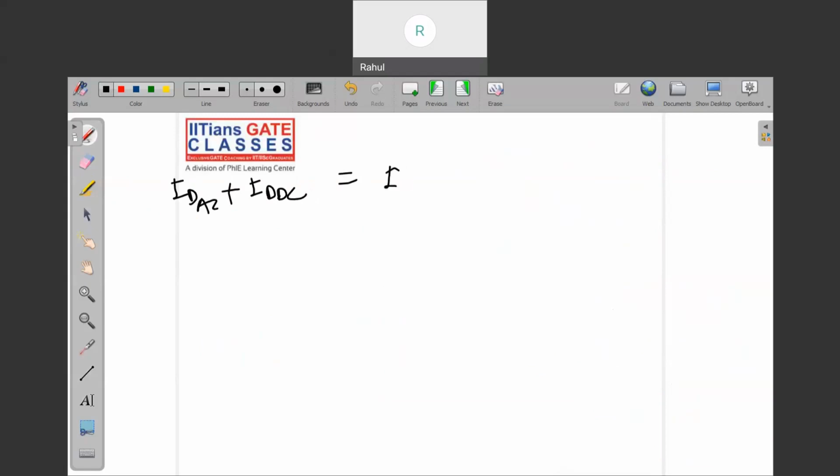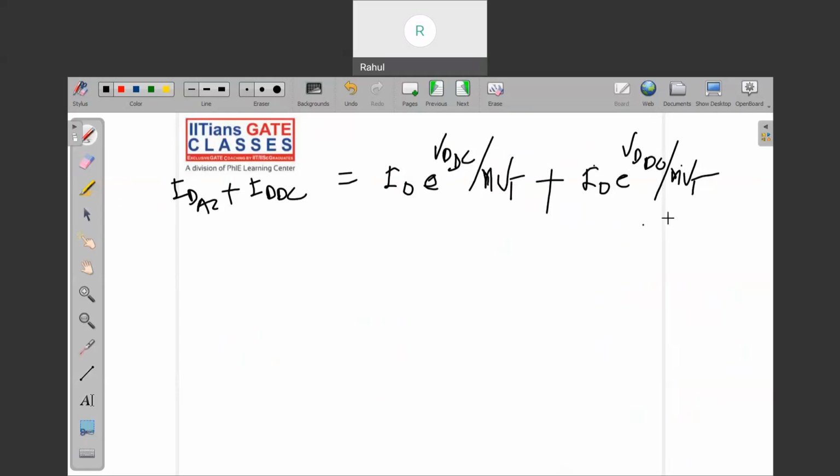So I0 e raised to power VDDC upon ηVT, plus I0 e raised to power VDDC upon ηVT dot VDAC by ηVT.